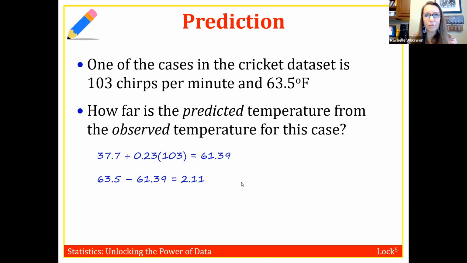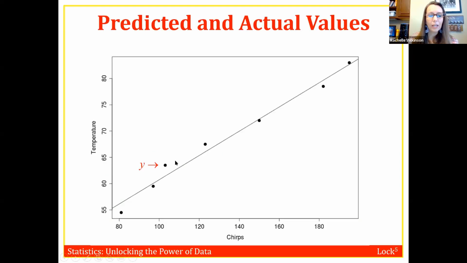And we're going to call that difference the residual. We'll write down that definition in just a second, though. Here is that data point we were talking about. The actual Y value was 63.5, but our line would have predicted 61.39. So there's our predicted value down here on the line.